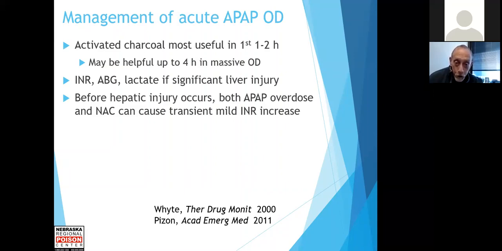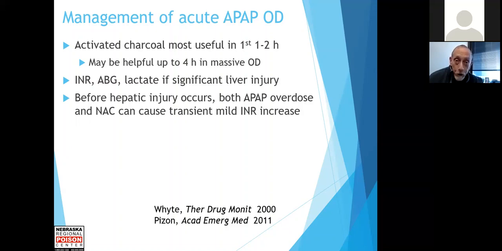What do we do with the acute overdose patient? We give them charcoal in the first 1 to 2 hours. That's the usual teaching, but there's some studies out of Australia that if they have a massive overdose, and what do we mean by that? Some people define that as more than 30 grams by history, or a serum acetaminophen level greater than 300.